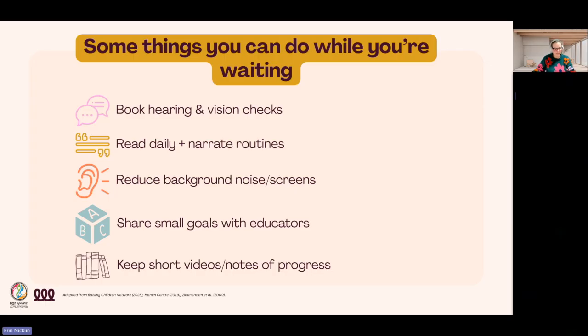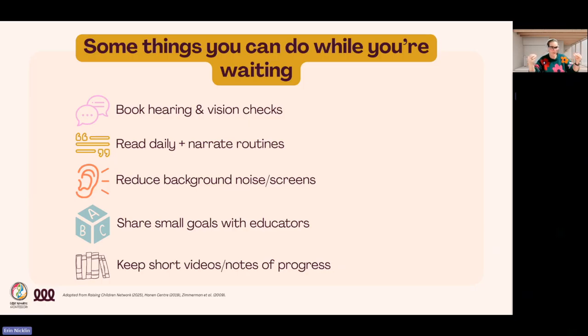And then tracking progress. So you can take little short videos or notes to help you see the changes, and you can then give professionals really valuable insights into what you're seeing at home. I always recommend to families, have a little folder in your photo app on your phone and just mark it as so-and-so's progress, or little videos to help me remember, and take some little videos of what's going on for your child, because that way you can pull it up and you've got that record, you've got it all recorded.